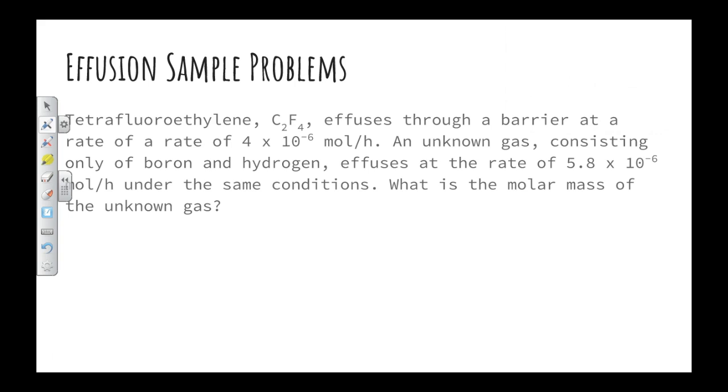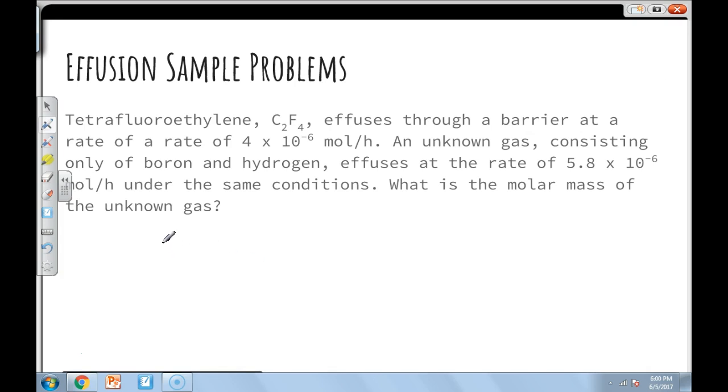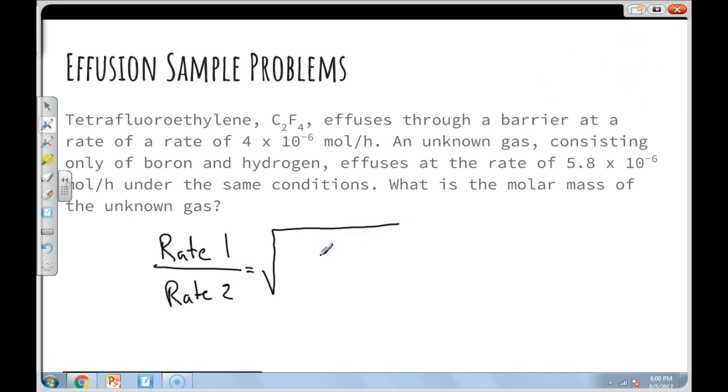Let's get started. What we know is Graham's law of effusion says that the rate of effusion of gas 1 divided by the rate of effusion of gas 2 is equal to the square root, and I'm going to abbreviate this, the symbol for molar mass, which we may not know, is a script capital M, so that's the square root of M2 over M1.